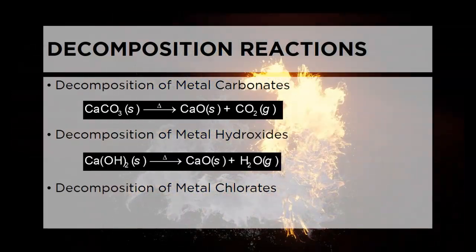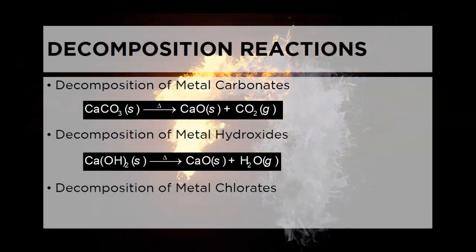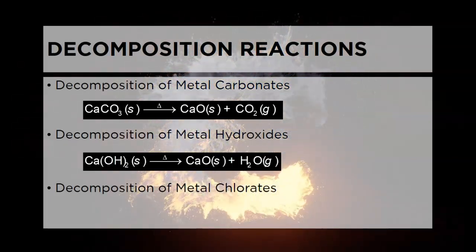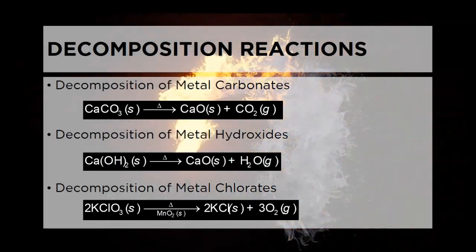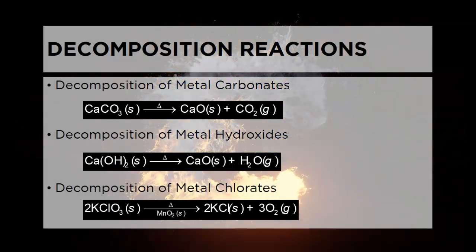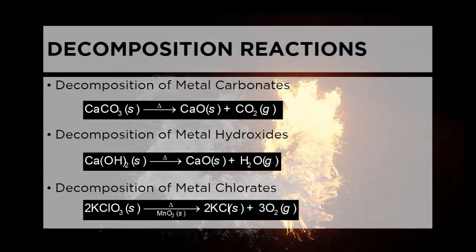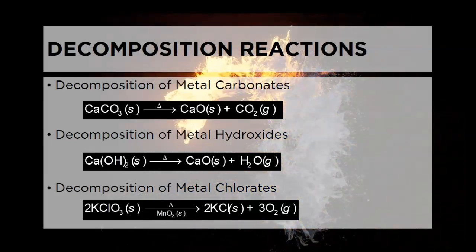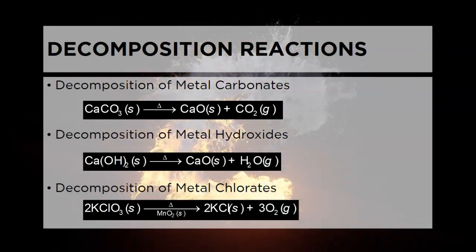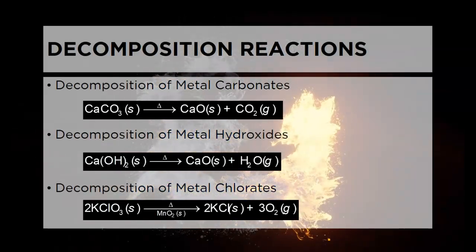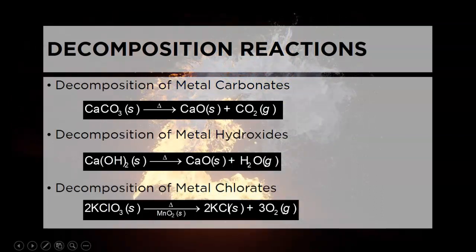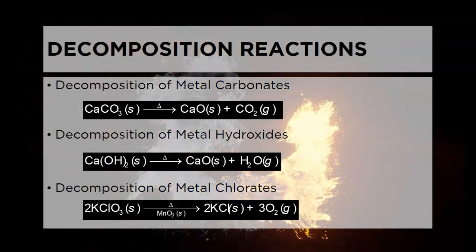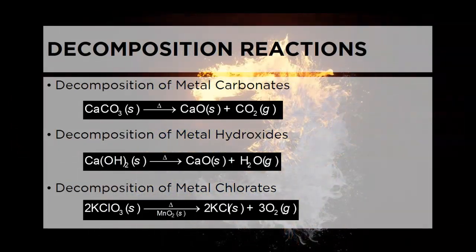If I decompose a metal hydroxide, I get the metal oxide with water. And if I decompose a metal chlorate, notice they use heat and the catalyst MnO2 to speed that reaction up. So if I decompose potassium chlorate, I get potassium chloride and oxygen.